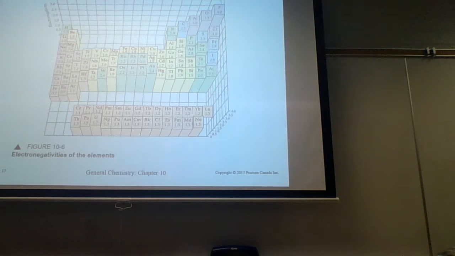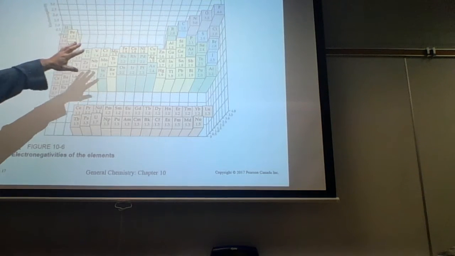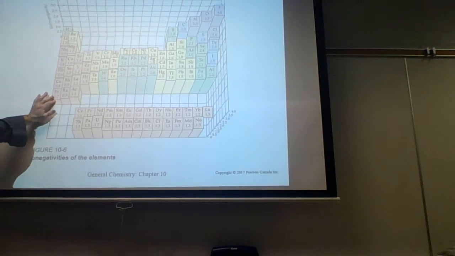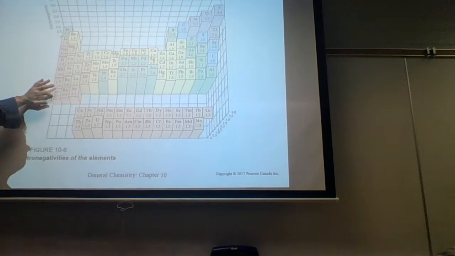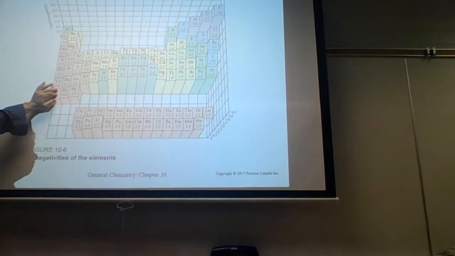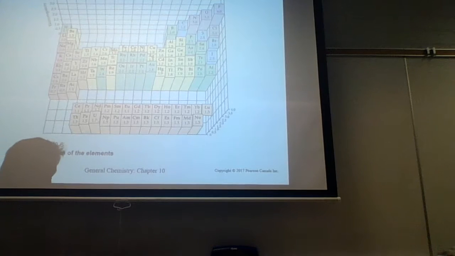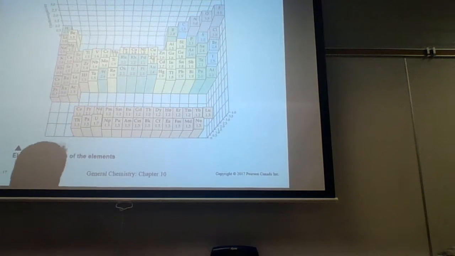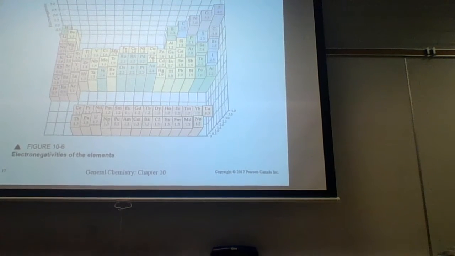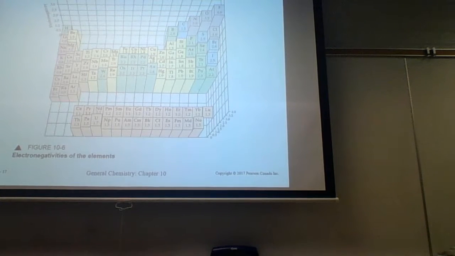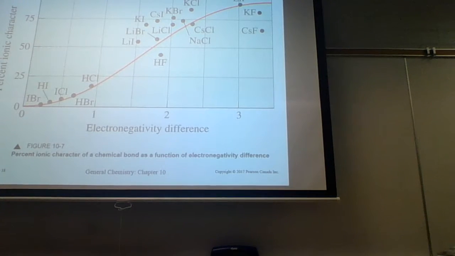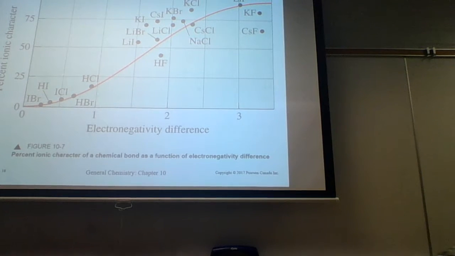Let's take a look at the previous slides here. These are the electronegativities. Fluorine's at the top, francium and cesium are at the bottom here. Take a look at the difference in electronegativities and the percent ionic character.